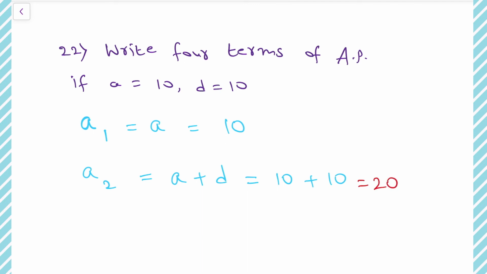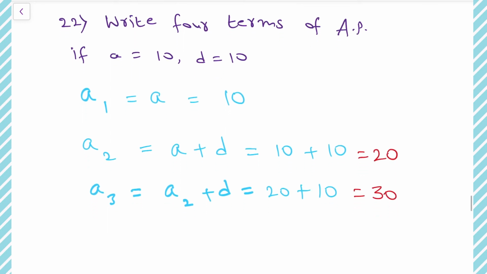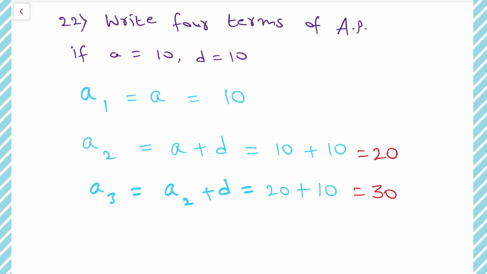Now coming to the third term, that is a3. To find the third term, to the second term we need to add the common difference. So the second term is 20 and the common difference is 10. So 20 plus 10 is equal to 30. Next, I would like to find the fourth term also.